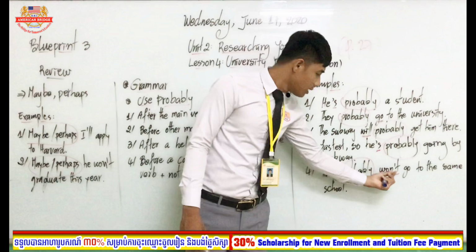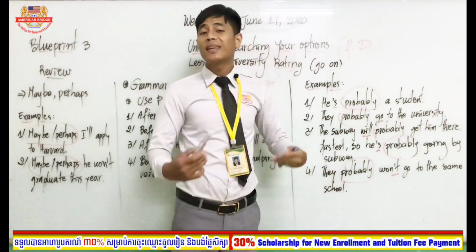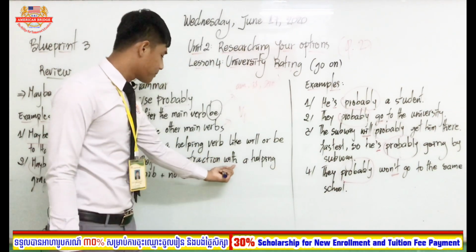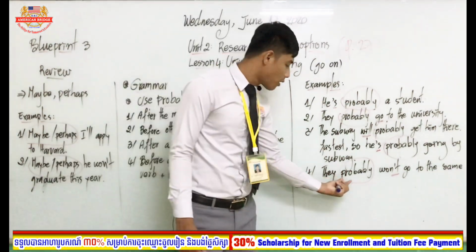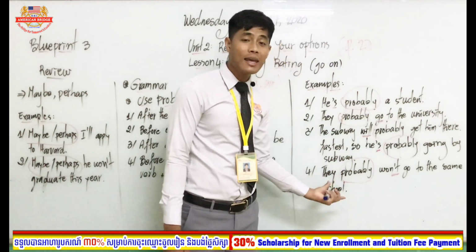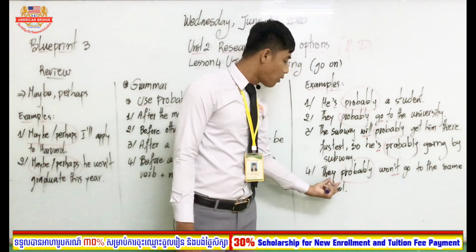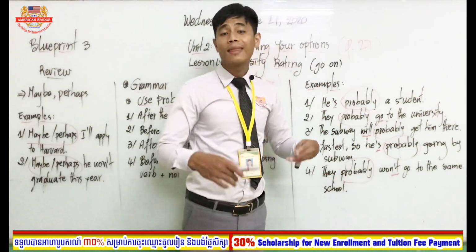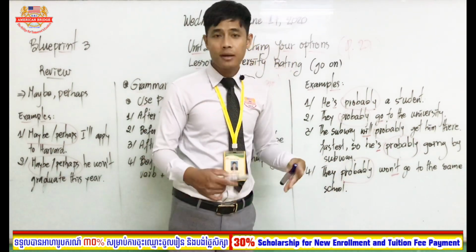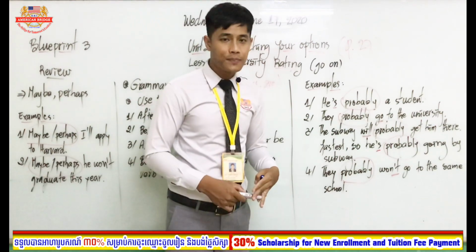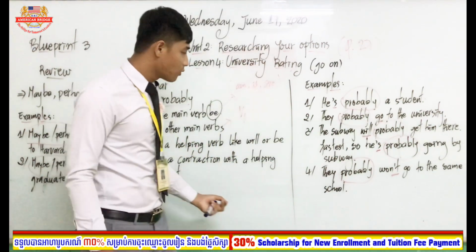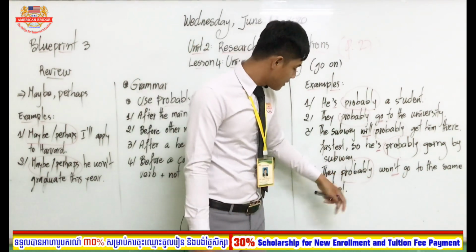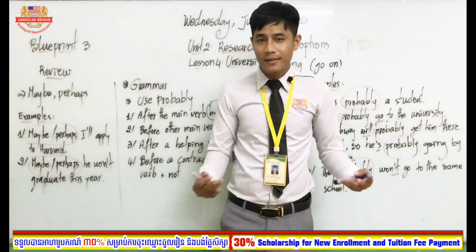But you see, when we use not in a negative sentence with a helping verb, we always put probably before that negative helping verb. Got it? It means helping verb plus not, so we have to use probably before it, as you can see here. You got this, everyone?